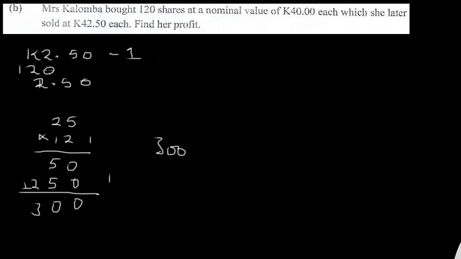We can forget about the 0. So these two are simply cancelling each other out, and therefore she made a profit of 300 kwacha in total. Very easy. And we can move on to question number 20.